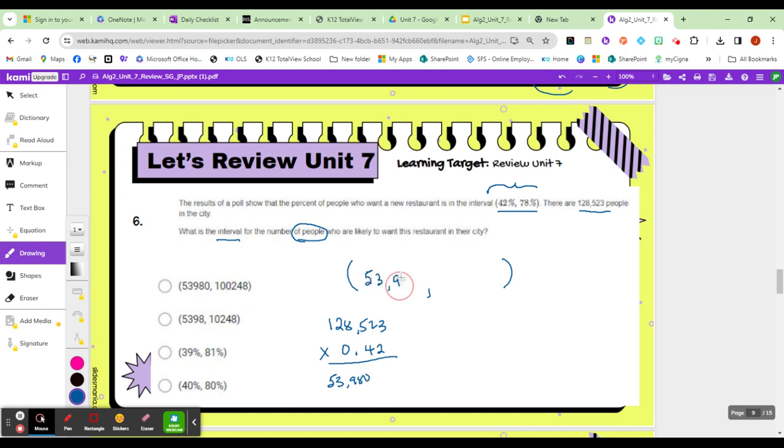The minimum always goes first. And then find the maximum number of people. You'll take the 128,523 again. You'll multiply it by the maximum percent, which as a decimal is 0.78. And that's going to give you 100,248 people. And that's going to match with the first answer.